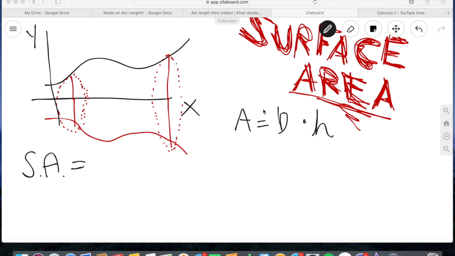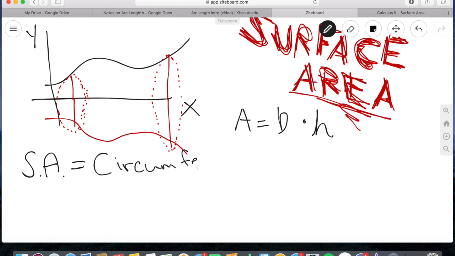Surface area is essentially just area, which is base times height, but because we're finding the surface area of a revolving solid, we have to take an integral with bounds of base times height. And because we're revolving, we are using circles, so the base in this situation equals circumference. So surface area equals circumference times height.